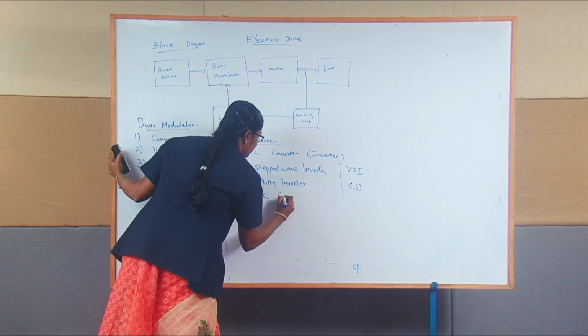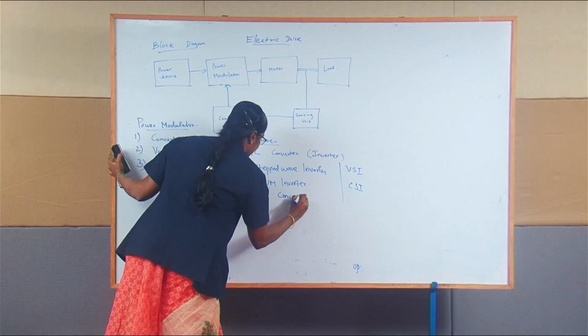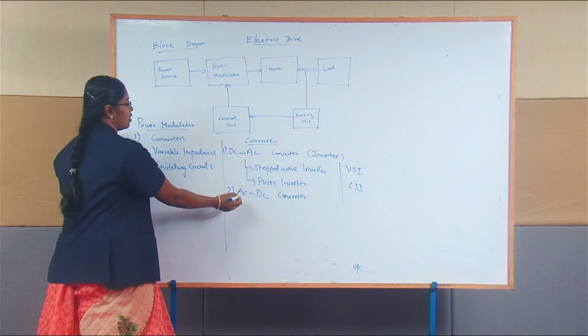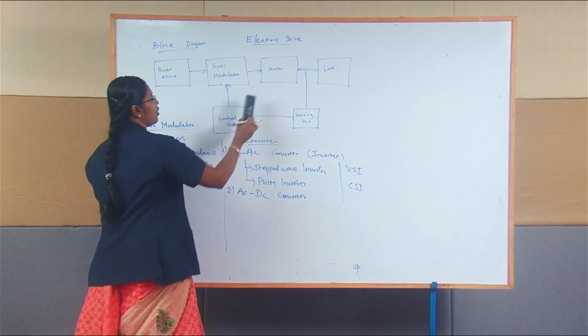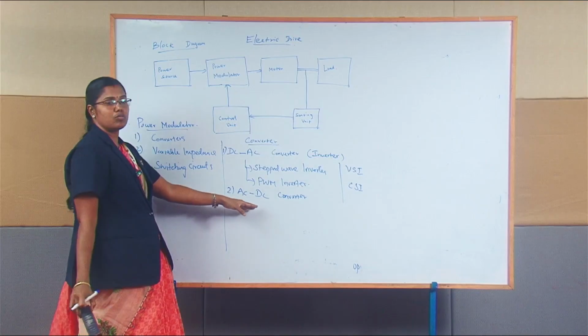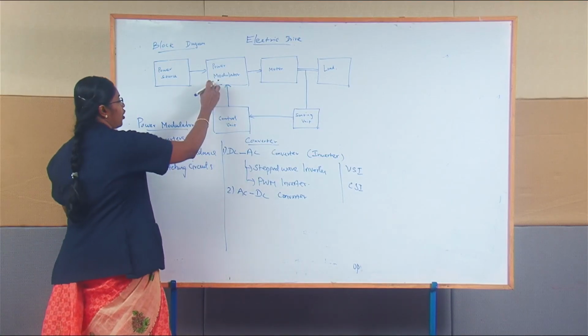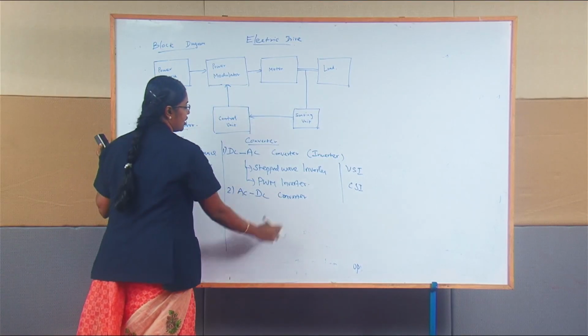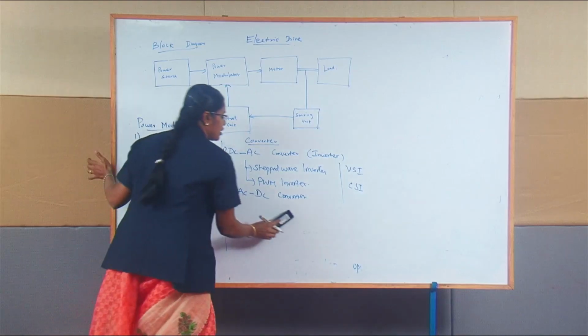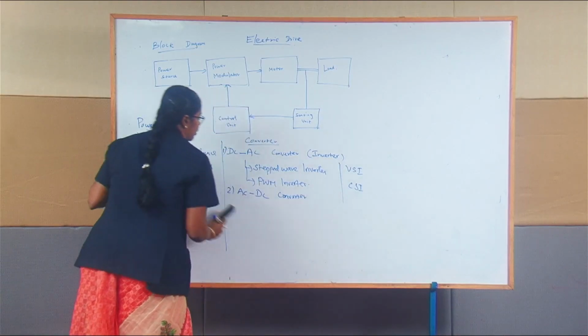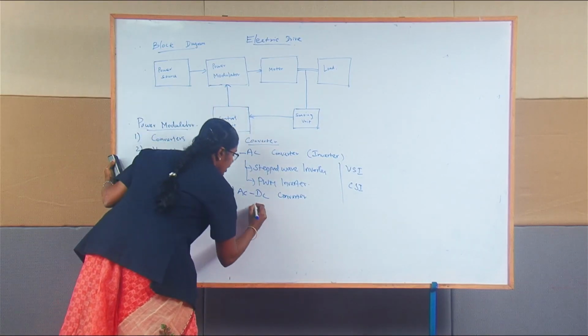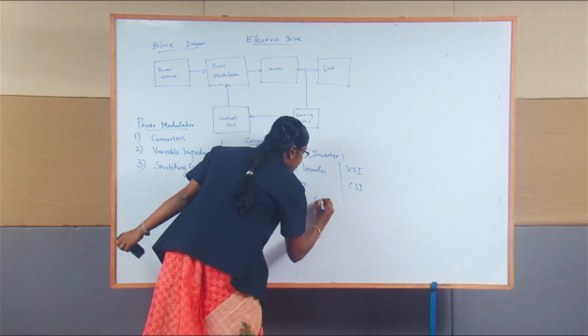That is, if my power source is AC, but the motor which I am going to choose here is a DC motor, in that case, the power modulator should be an AC to DC converter. So the AC to DC converter is nothing but a rectifier.